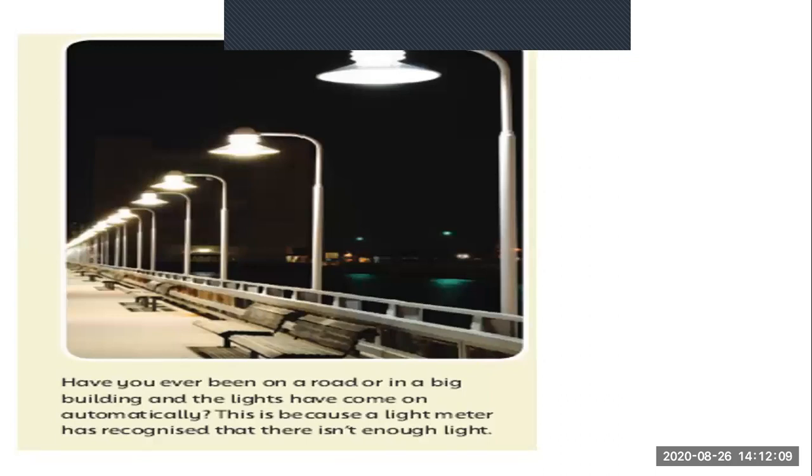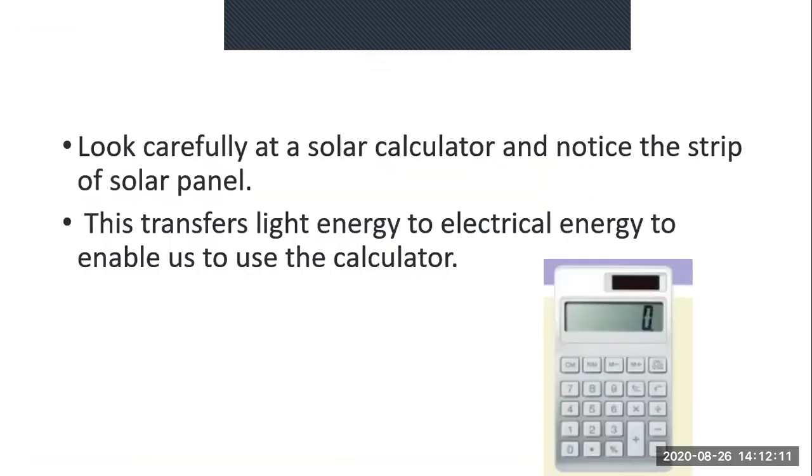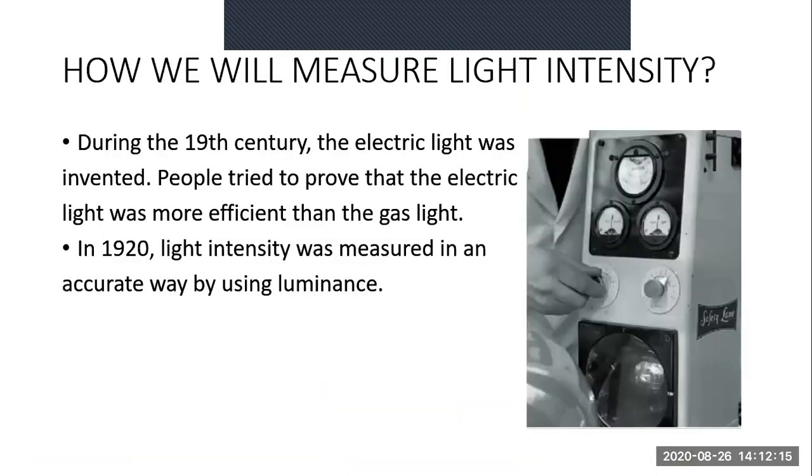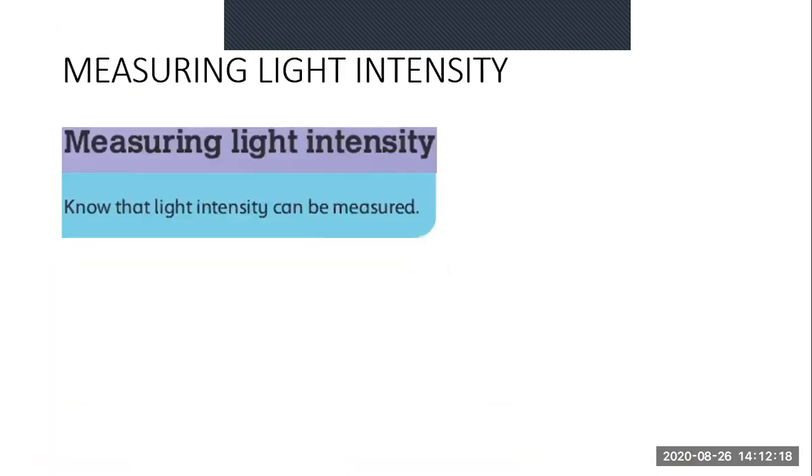We mentioned these examples in the last lesson. Let's turn back. We said that scientists measure light intensity because it is necessary to use different types of light in different places. Okay, I hope you understood.